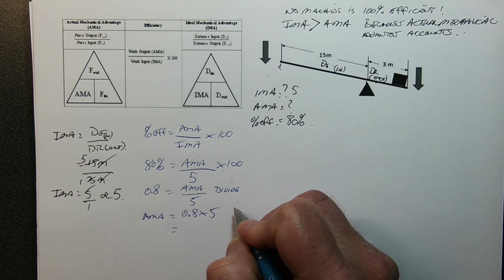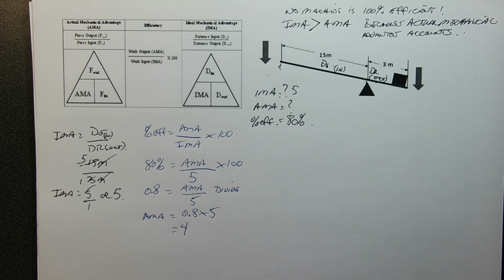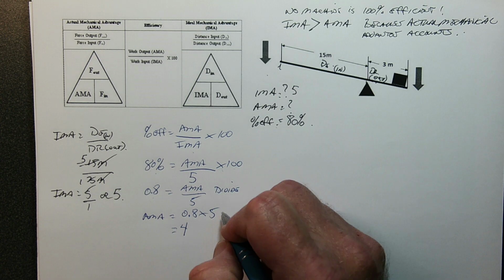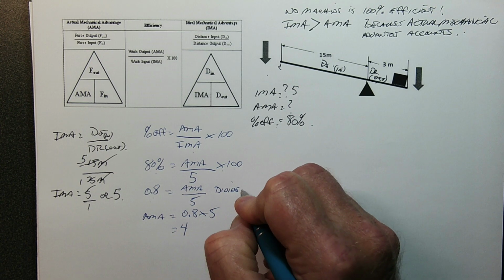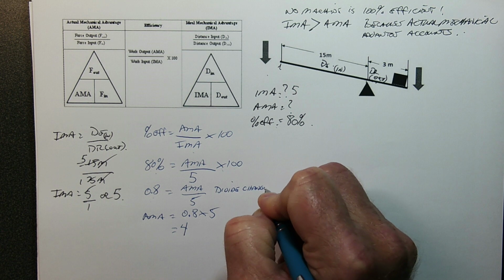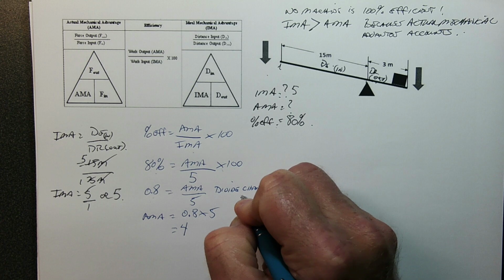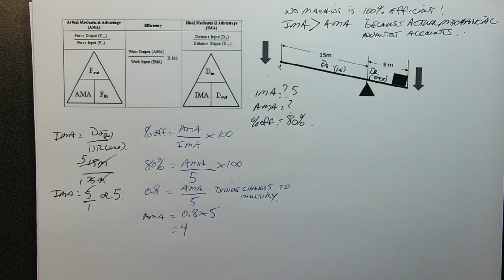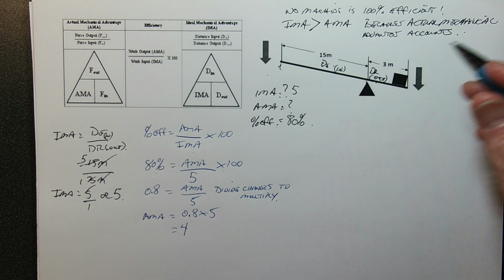And that gives us 4. So that is how we figure out our AMA. Okay, it's a lot of swapping around, but divide changes to multiply. That's what that page is all about.